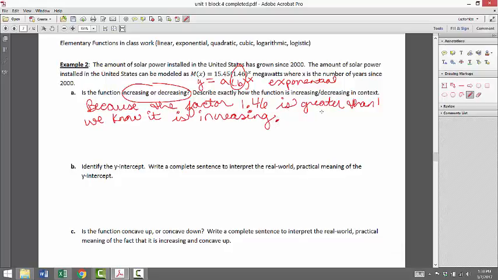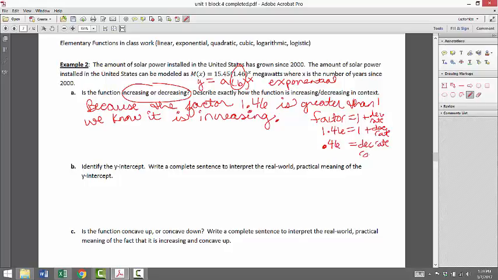The factor is 1.46. Remember that factor is equal to 1 plus the decimal rate. So we have 1.46 equals 1 plus the decimal rate. If we subtract 1 on both sides, we see that the decimal rate is 0.46.